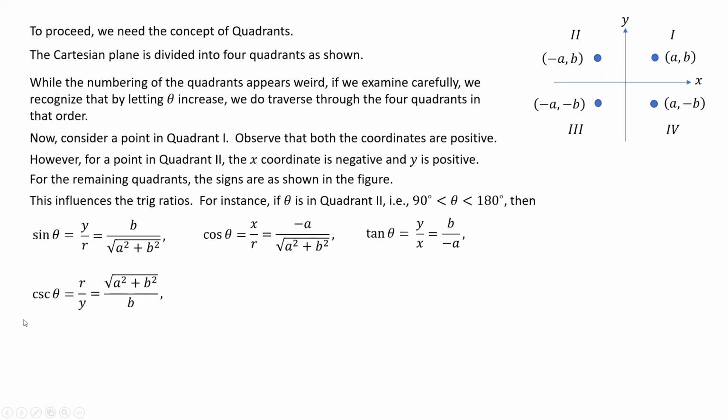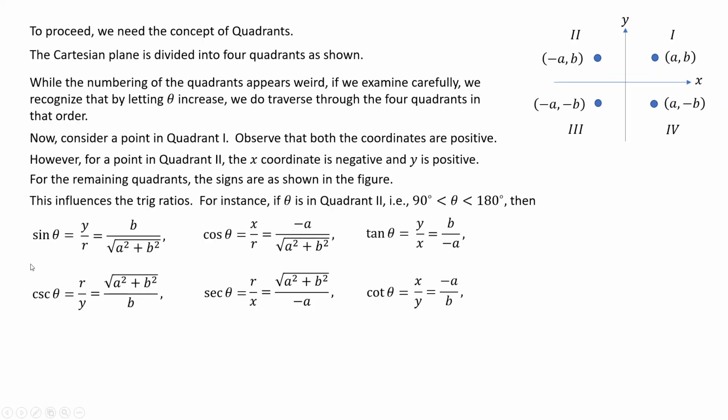Cosecant theta, on the other hand, would be positive because it's the reciprocal of sine theta. Sine theta is positive, so its reciprocal must be positive. 1 over some positive number is still a positive number. And secant theta, reciprocal of cosine, would be negative. So secant is negative. Cotangent is also negative.